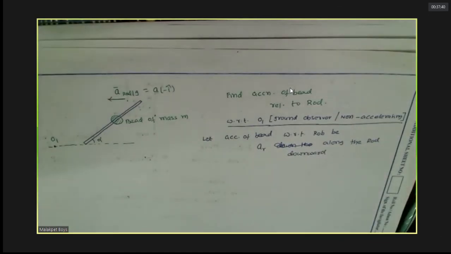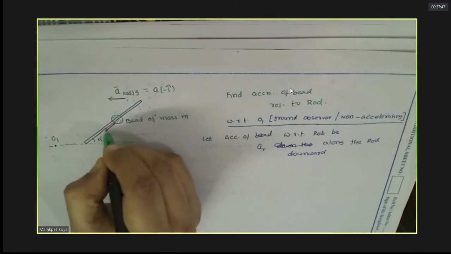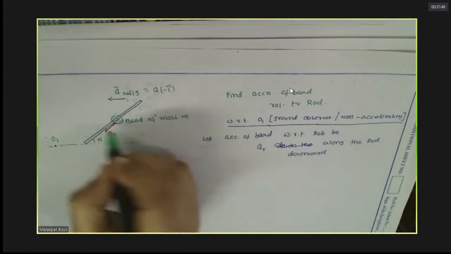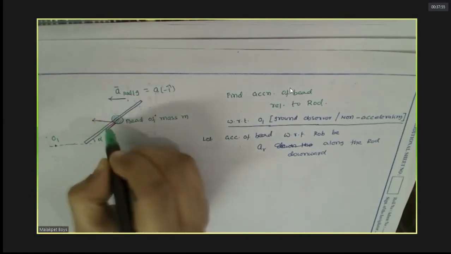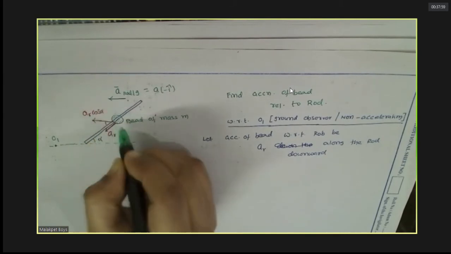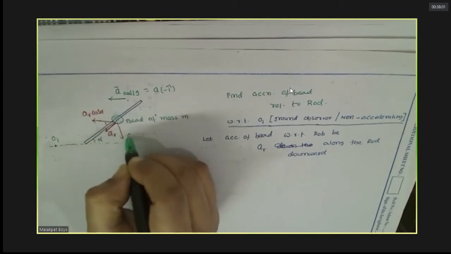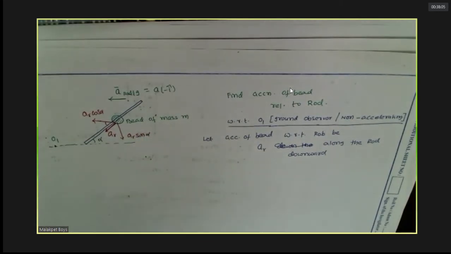I am taking this acceleration as AR. So this has two components. This is also alpha. What is this? AR cos alpha, AR sin alpha. Follow this? Yes.